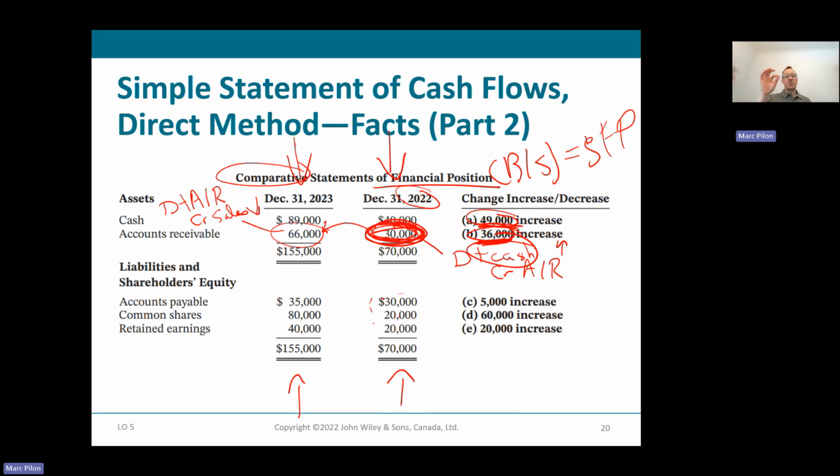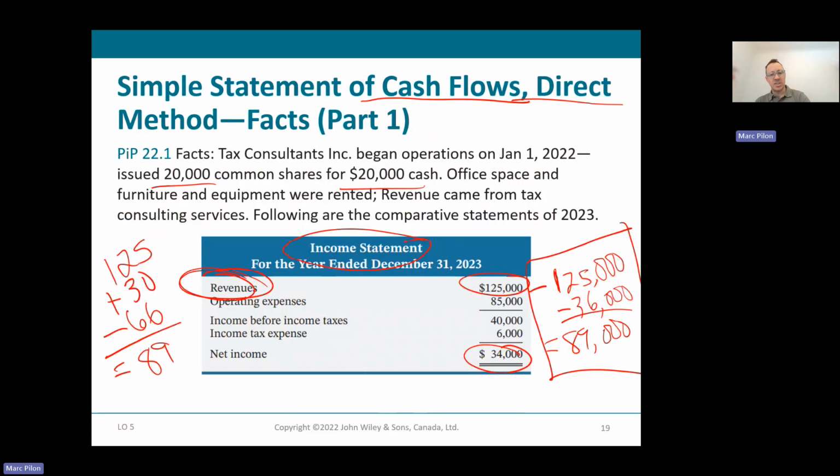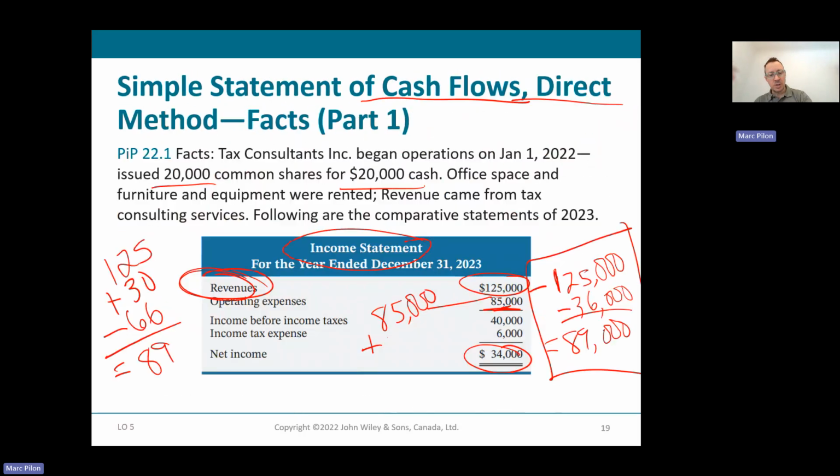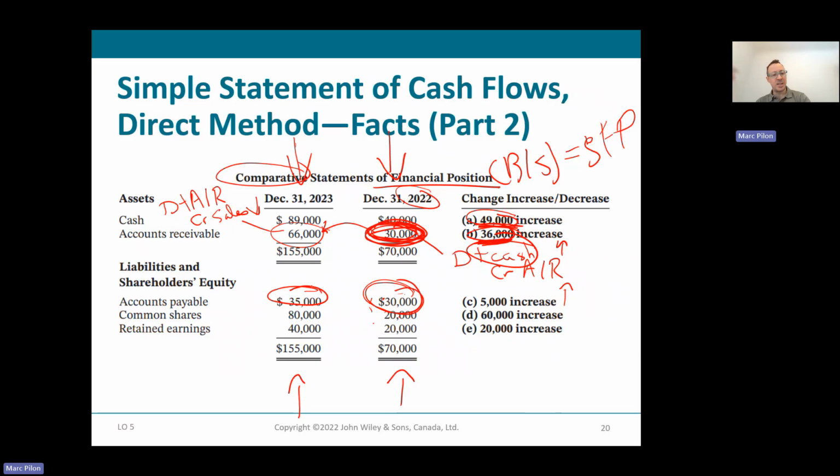Okay, and then accounts payable, same idea, but it's like the flip side, right? So here I paid this, I didn't pay this. There's an increase. So that means in my expenses of 85, right here, I'm assuming I paid this, except I paid 85 plus 30, which was my expenses of last year, but I paid them this year, plus 30,000, minus I didn't pay 35.